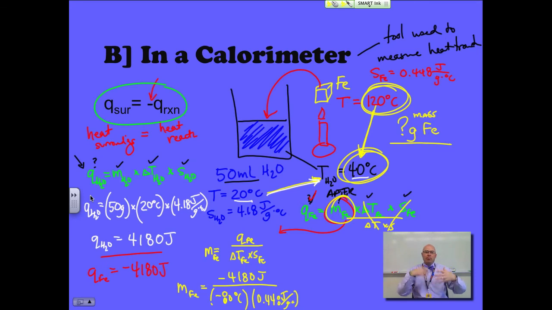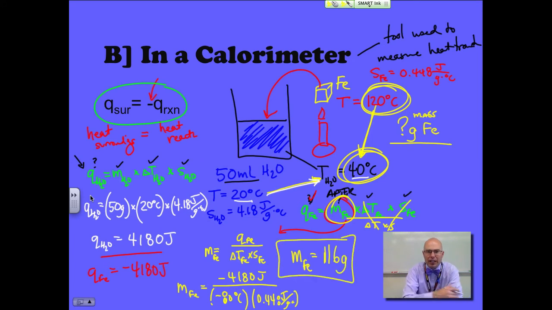I do the math, multiply the bottom, then divide the two, and I get the mass of my iron is equal to 116 grams. So again, how did I use this? How did I solve it? I knew that the Q of one is equal to the Q of the other, just opposite in sign. I had two Q formulas.